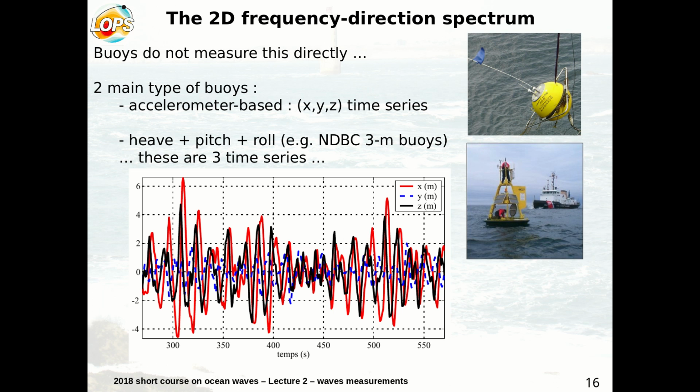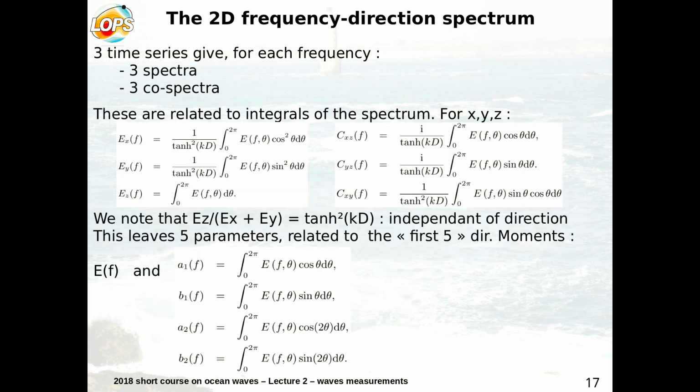And the oscillation in y is smaller than the oscillation in x, which means that the orientation must be more towards the x-axis than the y-axis. So this is telling you that the waves are coming almost from the west, and then you have to look at the sign, it's actually coming a little bit from the southwest. So this is how we tell the wave directions, just from the phase relationship between these and the magnitude of these correlations. And mathematically, we do that with a co-spectrum.